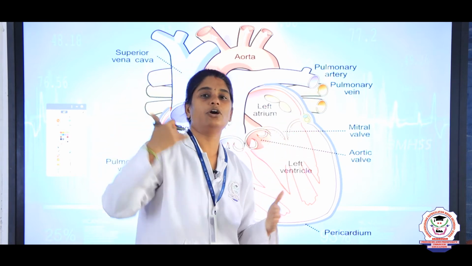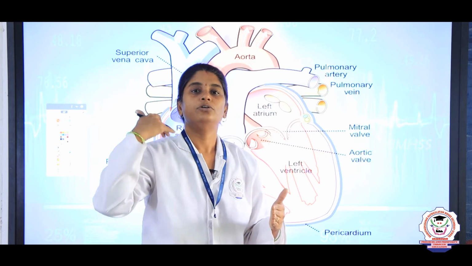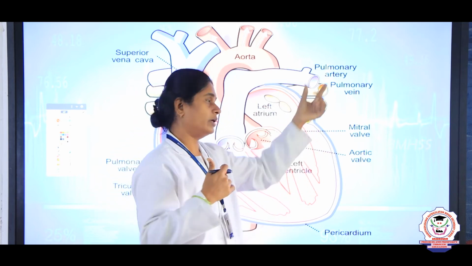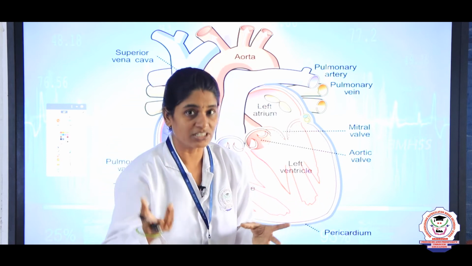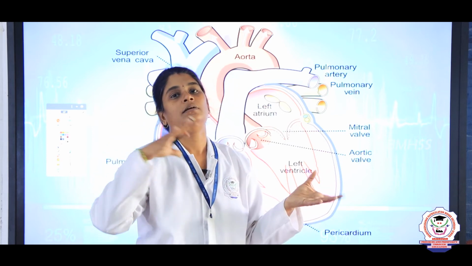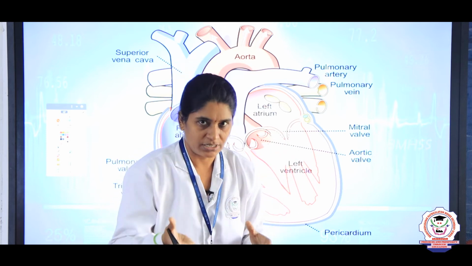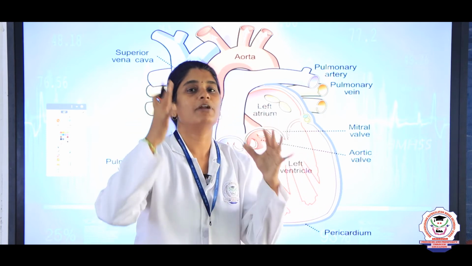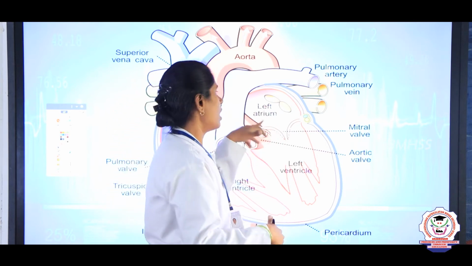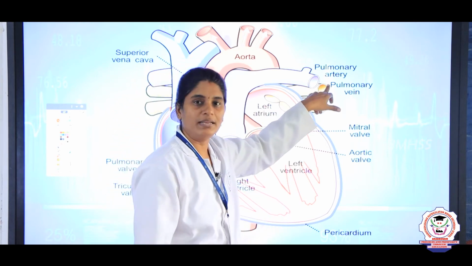This deoxygenated blood is taken through the pulmonary artery to the lungs to add oxygen, and in the lungs the blood is supplied with oxygen. The blood is oxygenated, and this oxygenated blood is taken from the lungs to the heart by the pulmonary vein.